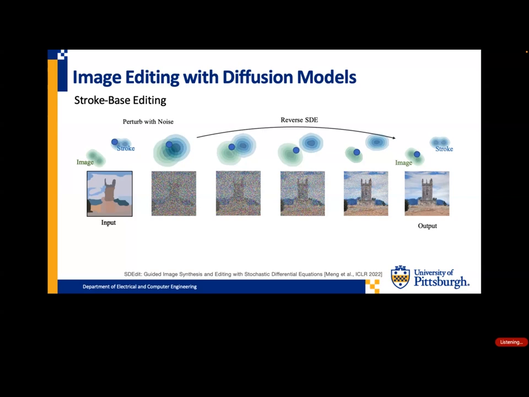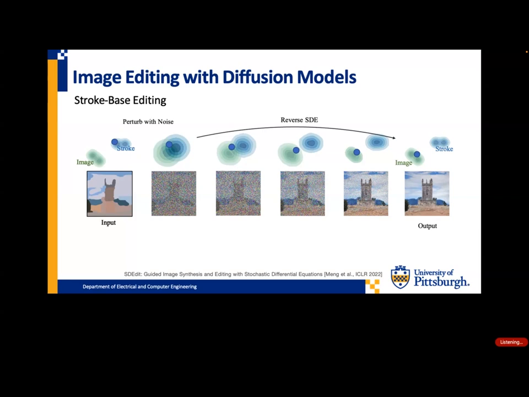Now, if you go through this diffusion process, it gradually learns that, oh, I'm coming from the strokes. I'm coming from here, but it's not a real image, right?